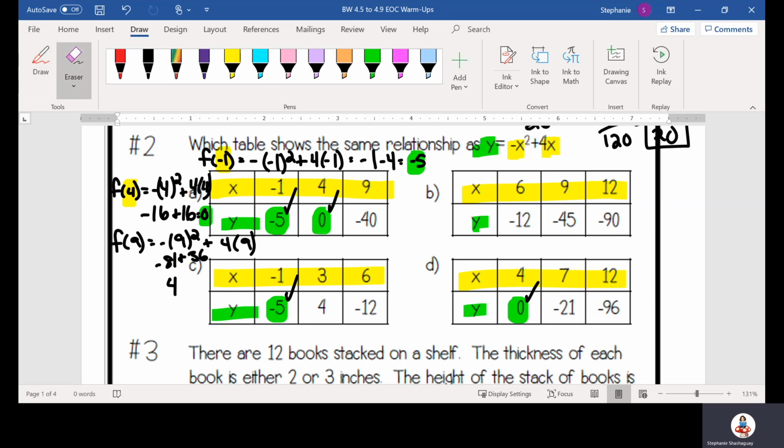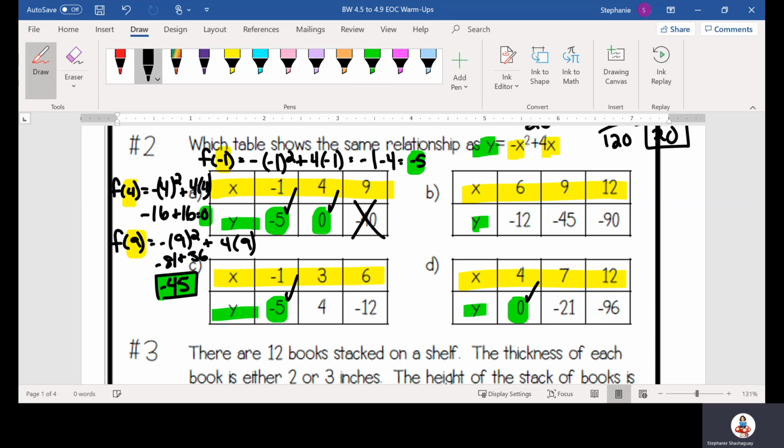Can't read my own writing. Should have just done the math in my head. So when my input is 9, my output should be a negative 45. And that takes care of A. That means it is not an option. This option B, though, does match, so I can put that check mark there.